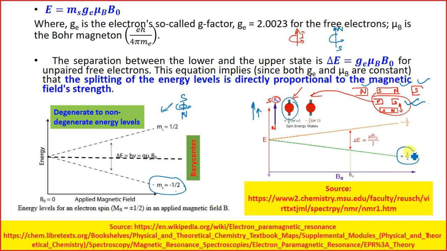When our proton is moving, it is having a magnetic moment of plus half. But in the case of electrons, this ms is equal to minus half, and the high energy state is plus half. On the contrary, in NMR we are having minus half. So this you have to keep in mind.